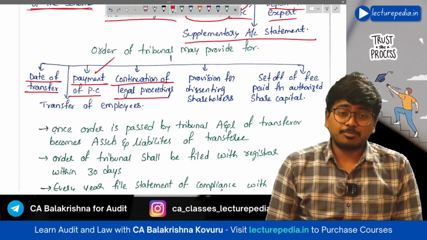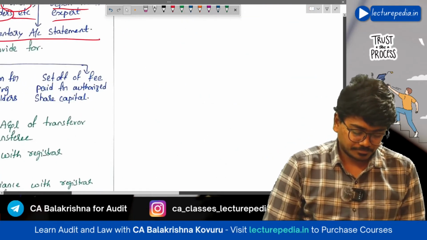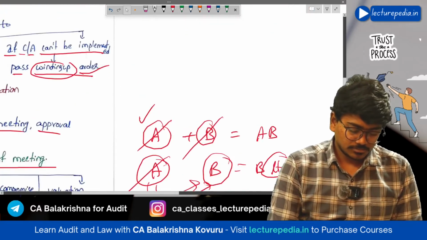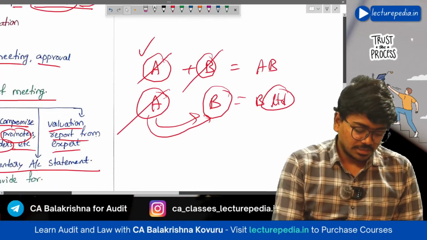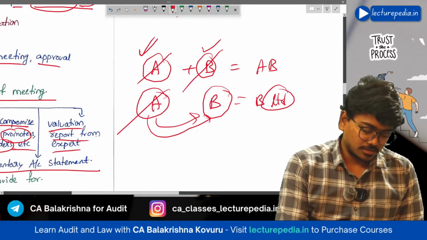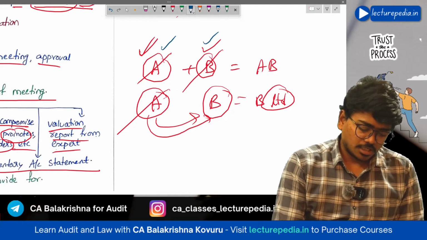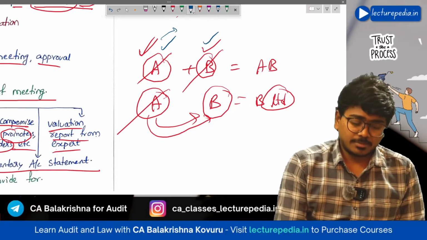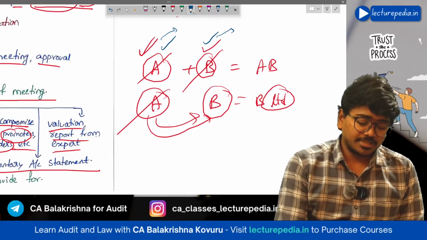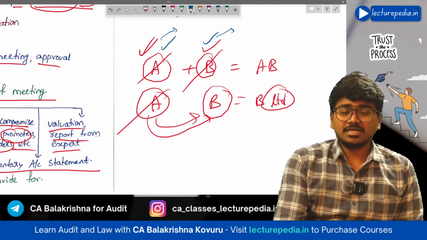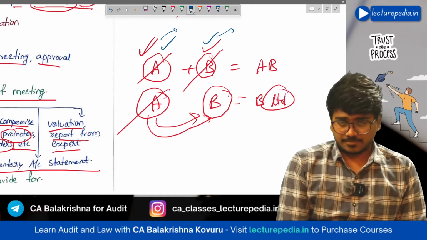Next, continuation of legal proceedings. Now, A Limited, B Limited, two companies are merging. On A Limited, there might be some pending legal proceedings, pending cases. On B Limited also, there might be some pending legal cases in the court.